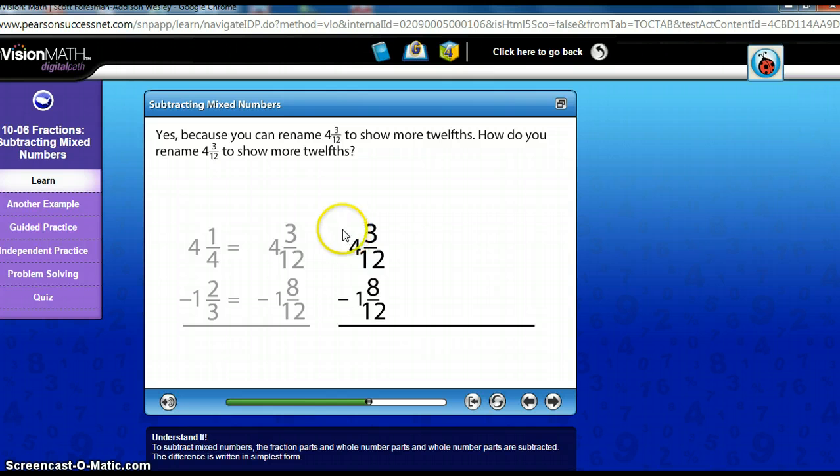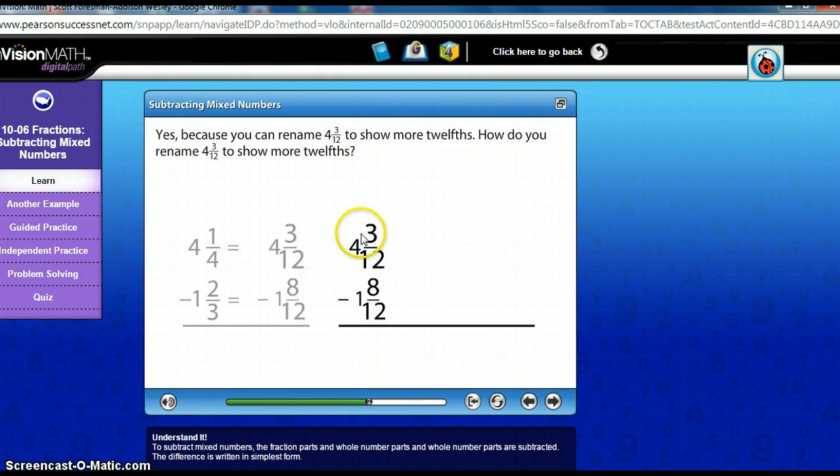Now, what we're going to do, and they're going to show you in a second, okay? We're in 12ths, correct? So when you're borrowing 1 whole in 12ths, what is 1 whole in 12ths, Kyle? 12 twelfths. So you're not just borrowing 1, you're borrowing 12 twelfths.